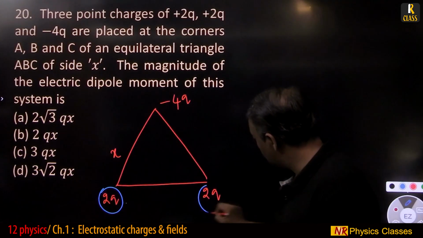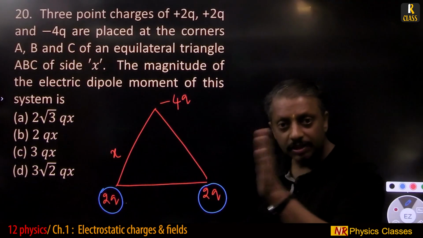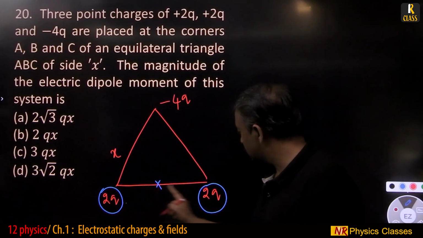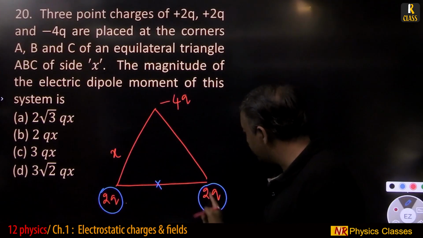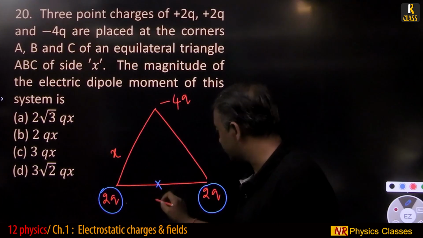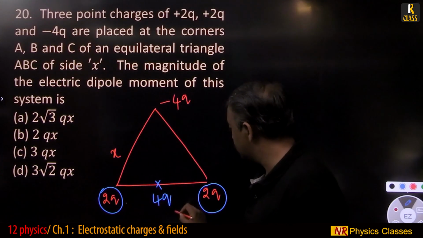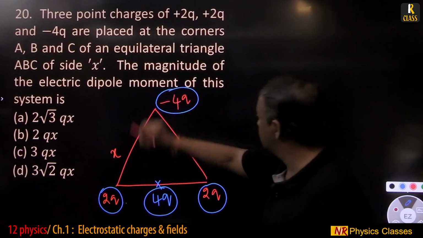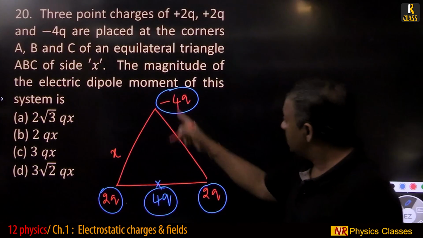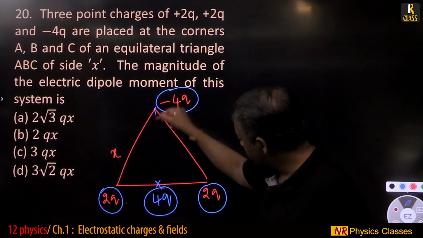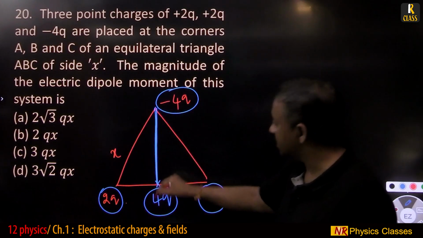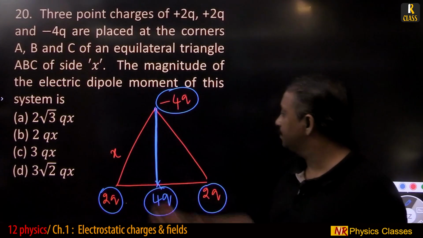The 2q, 2q positive charge center is at the center. So these two are imagined to be concentrated here. So it is 4q. See, this charge and this minus 4q, equal and opposite charges separated by this distance.